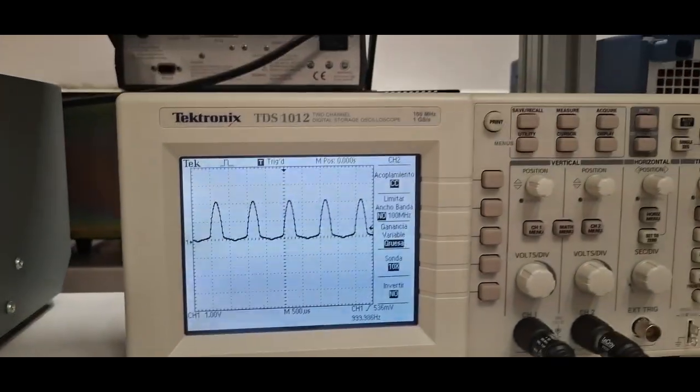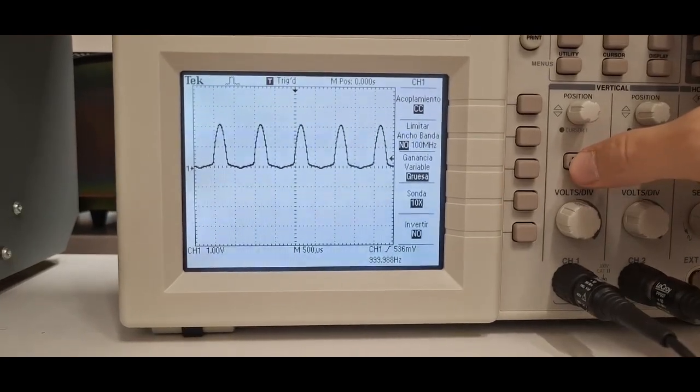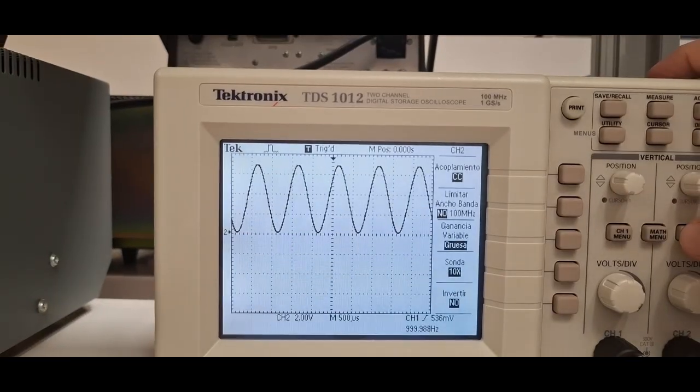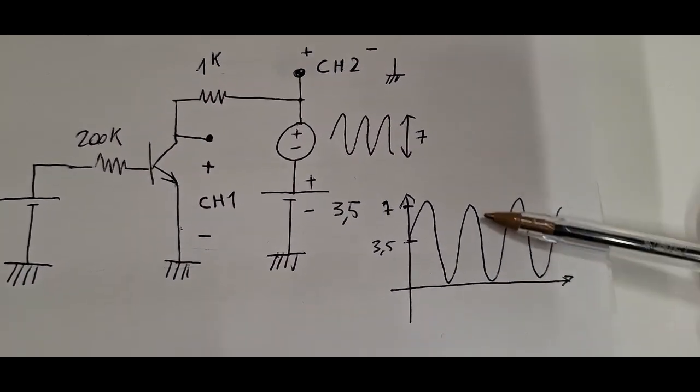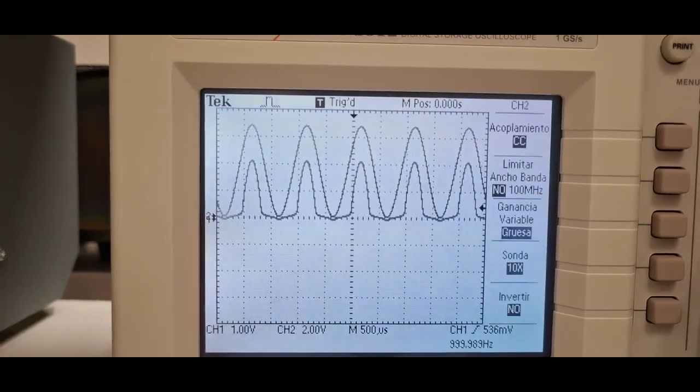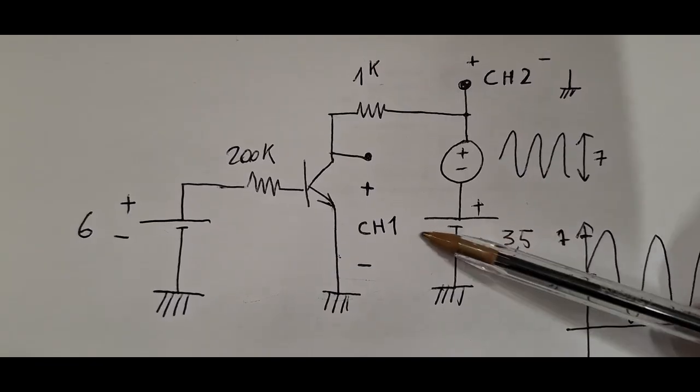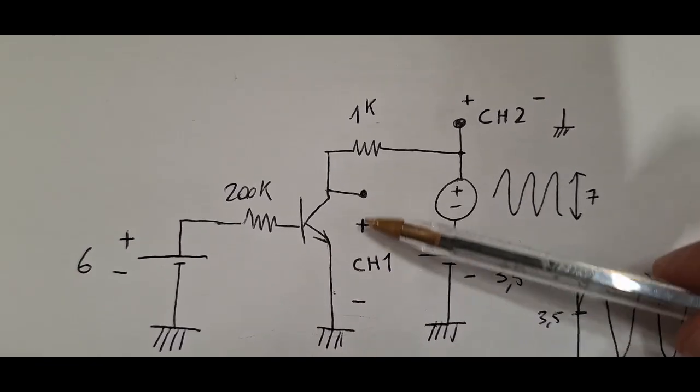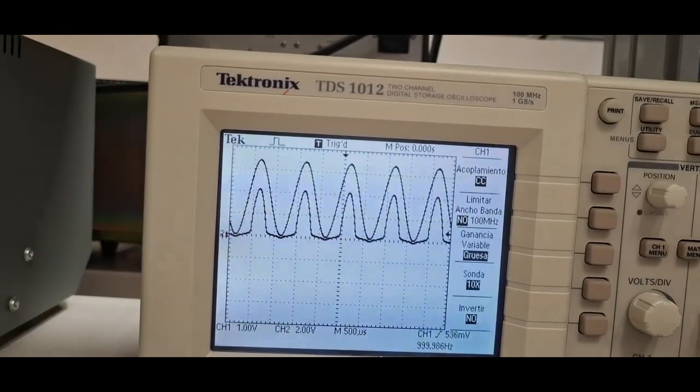So this is my input signal, this one between 0 and 7 volt here, and this one is my voltage over time here between collector and emitter.